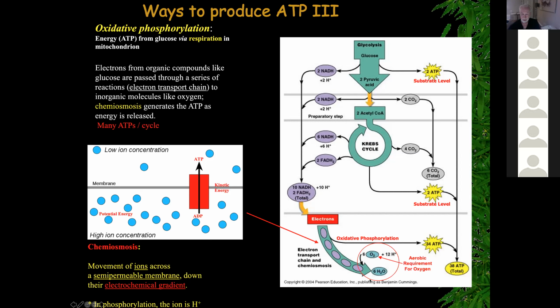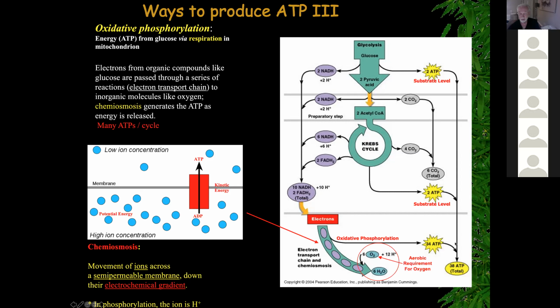So we end up with, as I said earlier, 6 carbon dioxides and 6 molecules of water from 1 molecule of glucose. Plus, because of oxidative phosphorylation and chemiosmosis, 34 molecules of ATP. So the total is 38.